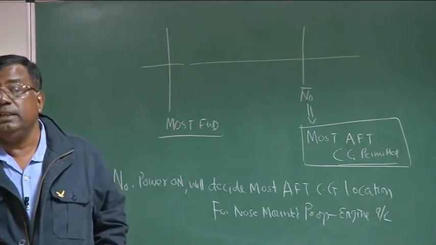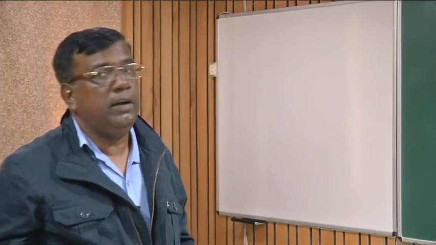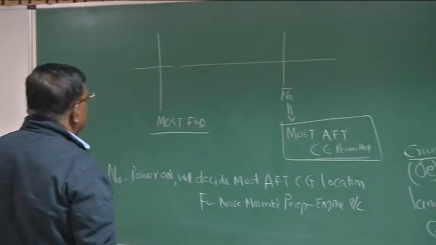If the CG is ahead of neutral point, it is going to be stable. From stability point of view, there is absolutely no issues. As CG goes, take the CG forward, forward, forward, and forward, it will become more and more stable, statically stable. But is there any restriction?